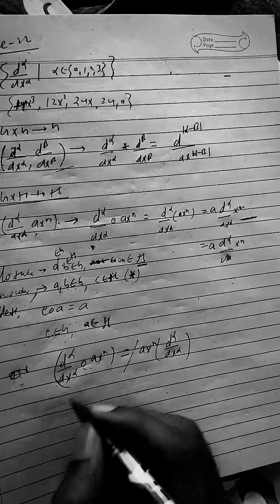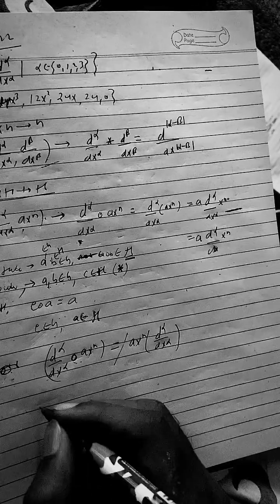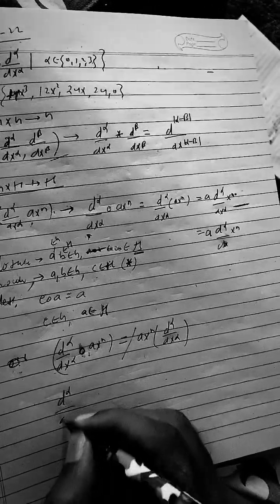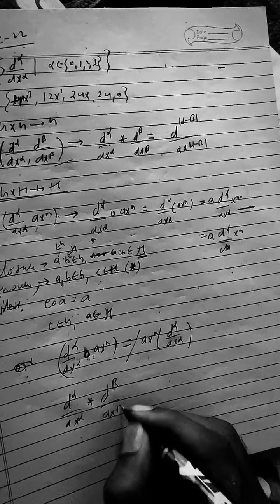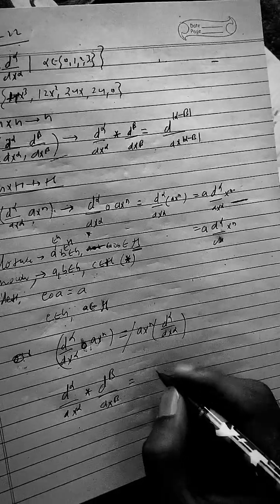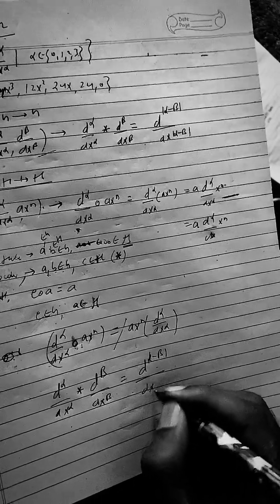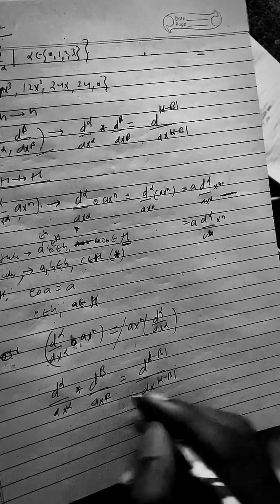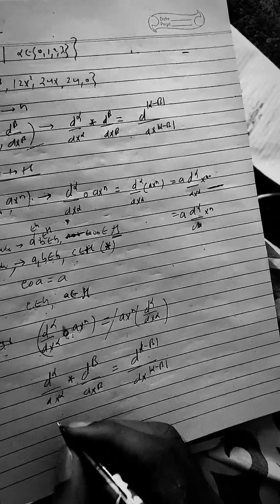What about commutativity? There is no commutativity with respect to this operation. What about commutativity with respect to star? Well, d^α/dx^α star d^β/dx^β is equal to d^|α−β|/dx^|α−β|. We know this from the definition of star. Now what if we swap this?